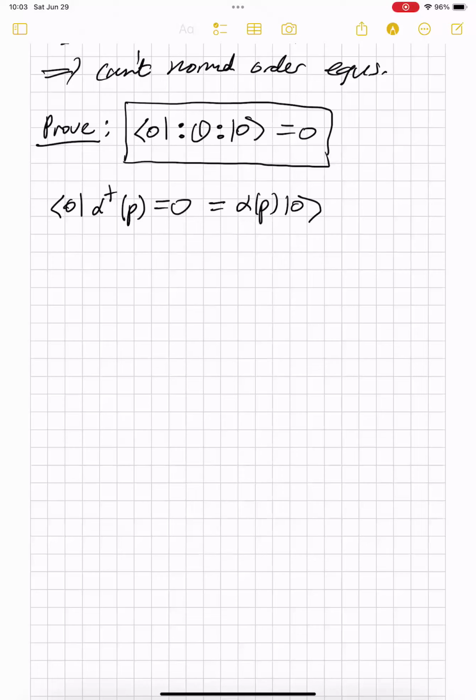So combining those two facts, the definition of normal ordering and what states the daggered and undaggered operators annihilate, you should be able to prove that the vacuum expectation value of any normal ordered product of operators vanishes.